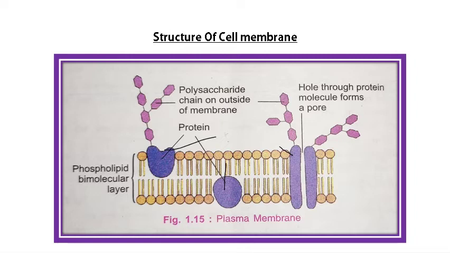These are called polysaccharide chains. In between there are somewhat spherical and tail-like structures. These are phospholipids arranged in two layers, that is, this one is the first layer and this one is the second layer. Hence we call it the phospholipid bimolecular layer.